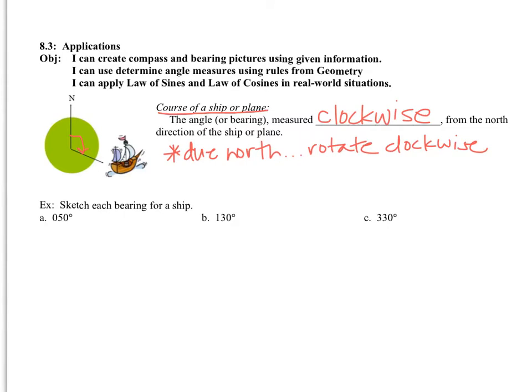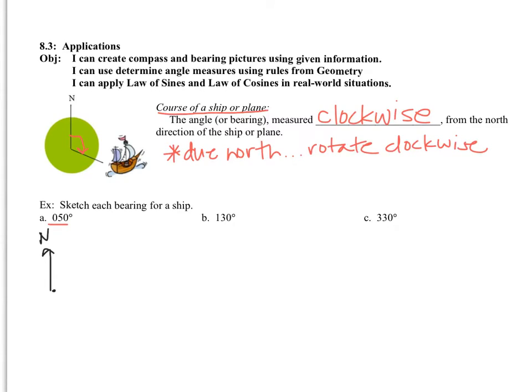The first thing we're going to do is sketch possible bearings. We'll start with that north direction and we'll rotate the given degree measures. Notice each of them is going to increase in value. So here's what we do. It's pretty easy. We always start with just kind of a spot and then we just arrow up and there's our north direction. A 50-degree rotation, notice it's 0, 5, 0.